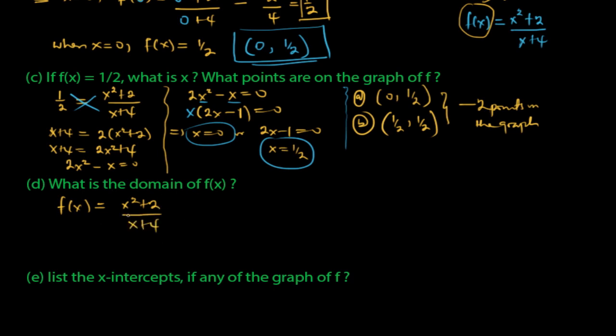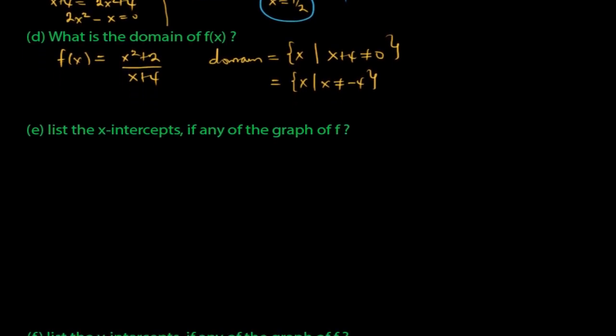The domain of a rational function is the set of all real numbers excluding the number that makes the denominator 0. So in other words, the domain equals the set of all real numbers such that x plus 4 does not equal 0. In other words, the domain is the set of all real numbers such that x does not equal negative 4.